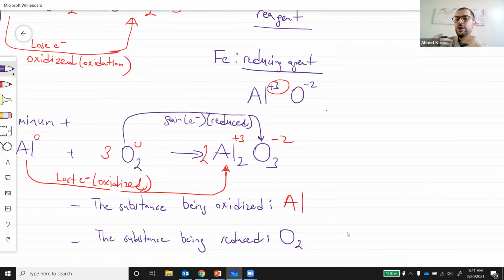If you are being oxidized, you are the opposite, you are the reducing agent. If you are oxygen being reduced, then you cause aluminum to oxidize, so therefore, I can call you an oxidizing agent. Make sense, right? Okay, just don't mix those things up. Sometimes you can mix it up, but I think it's clear.